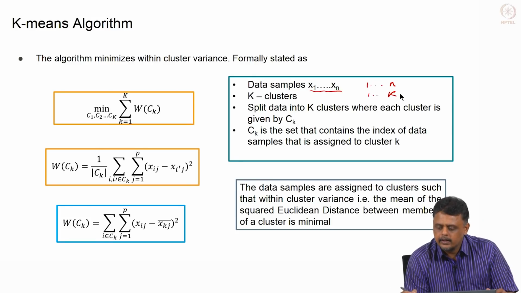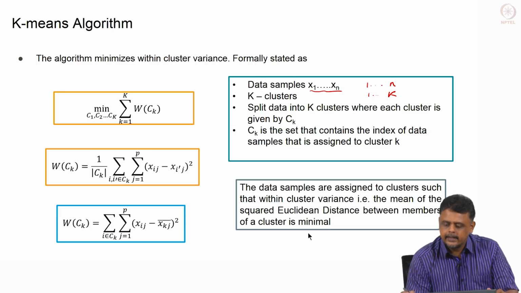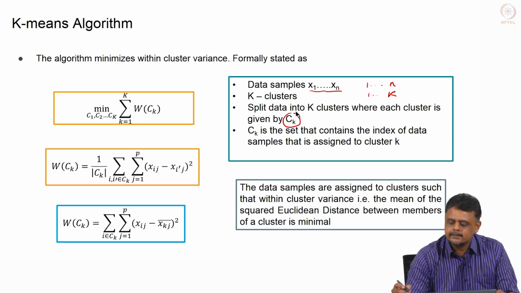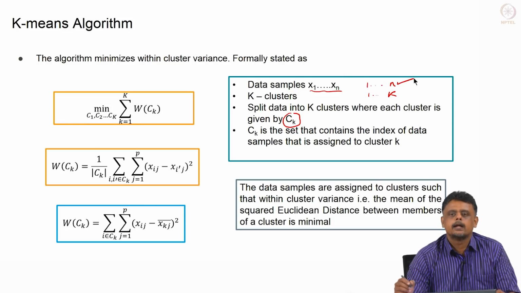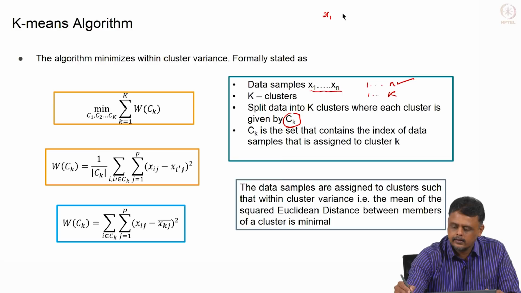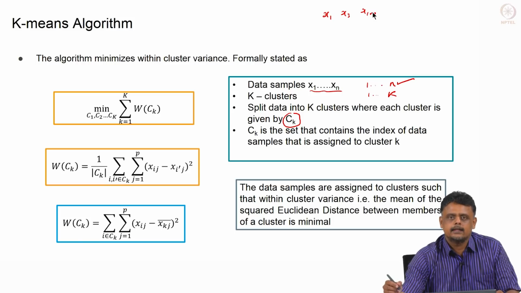And of course, what we saw earlier was that we want to split the data into k clusters, and each cluster is given by Ck. Okay. So, what does Ck contain? Ck has the indices of the data points. Okay. So, let us say data x1, x3 and x100, if n is let us say 1000, all belong to class C1.